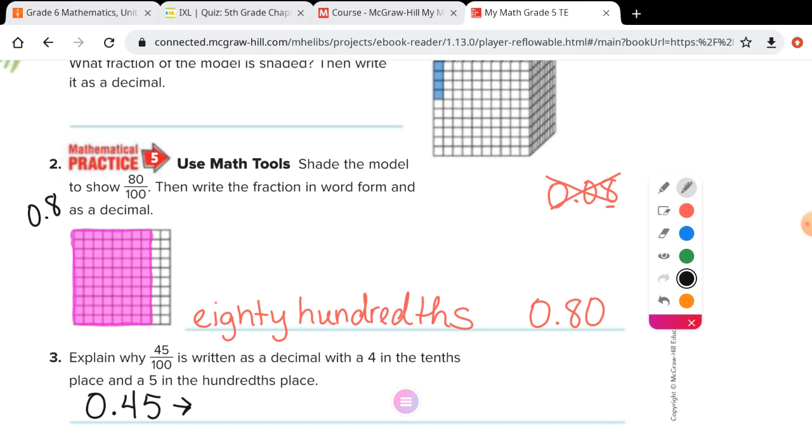Aiden, help her out. A dime is 10 cents or a tenth of a dollar. What's 1/100th of a dollar? A penny. So this would be how many dimes and how many pennies? Carter? 4 dimes and 5 pennies.